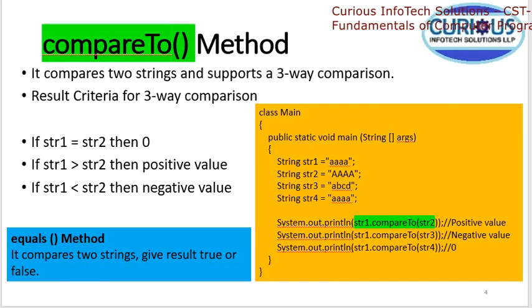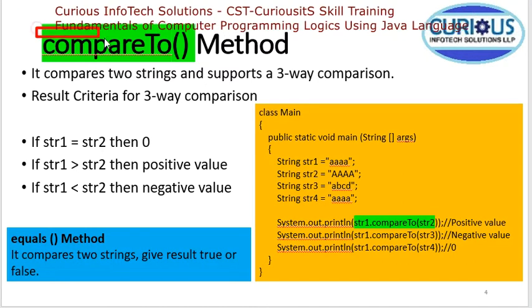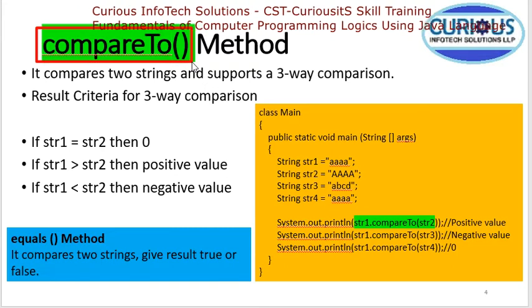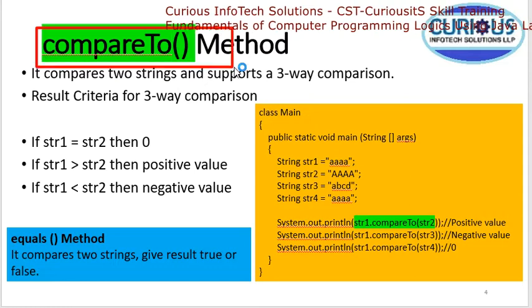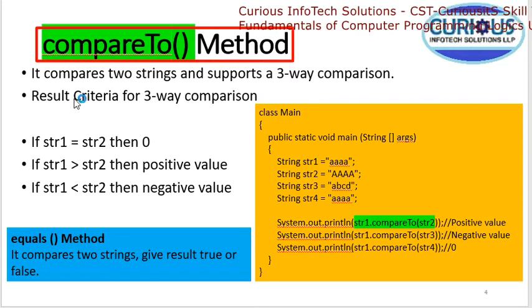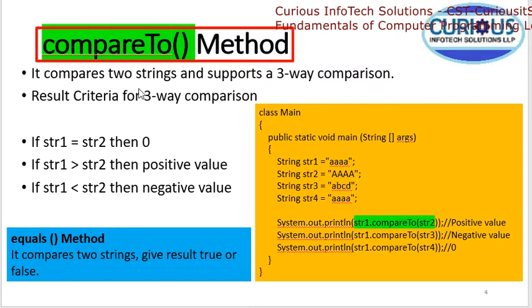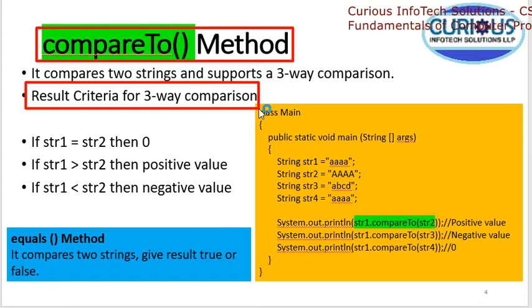Under the string methods, say I have one method named compareTo. This method always compares two inputs. So let the two inputs be there. We will get the result of this comparison in three ways.